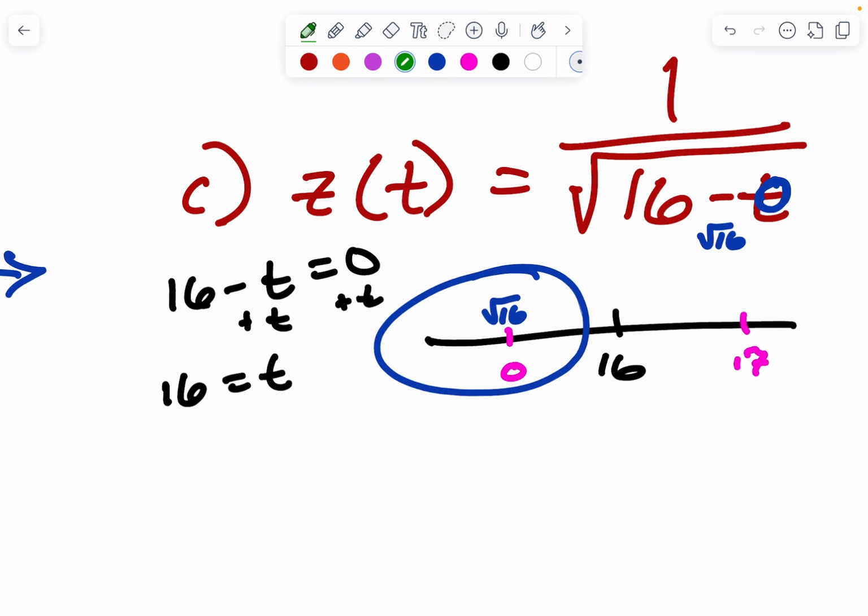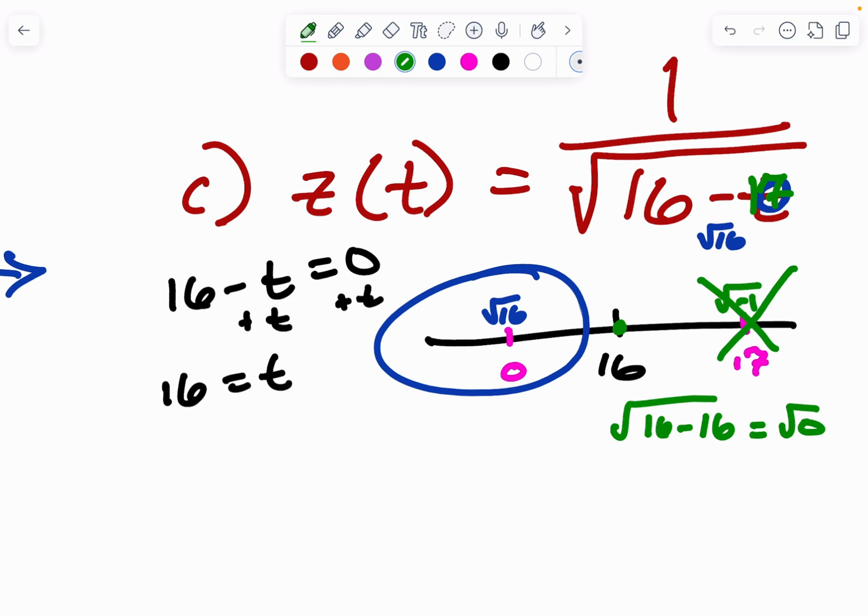If I plug in 17, I get 16 minus 17, so this is the square root of -1, and I cannot have that. If I plug in 16 itself, 16 minus 16 is the square root of 0, and I can do the square root of 0.